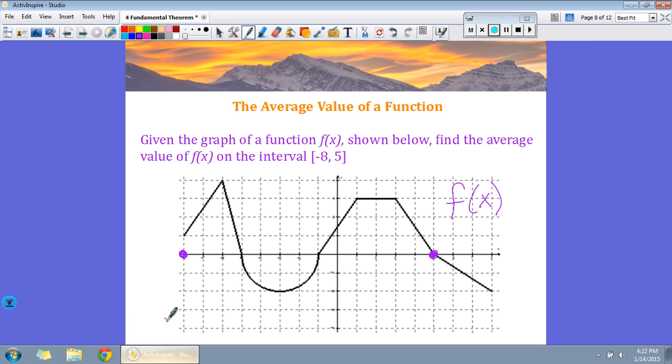So we're going to write f of c equals 1 over 5 minus negative 8 times the integral of f of x dx. So this is 1/13, but this we can find using geometric area.